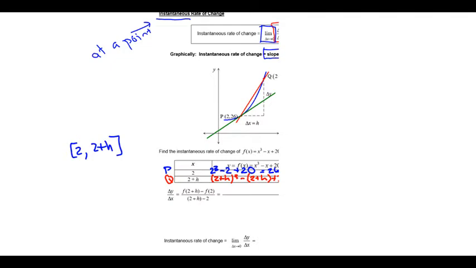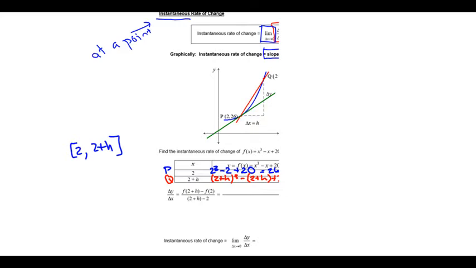When we find our average rate of change, we can combine a few like terms here. So the 8 minus the 2 plus the 20 gives us 26. And the 12h minus the h gives us 11h.